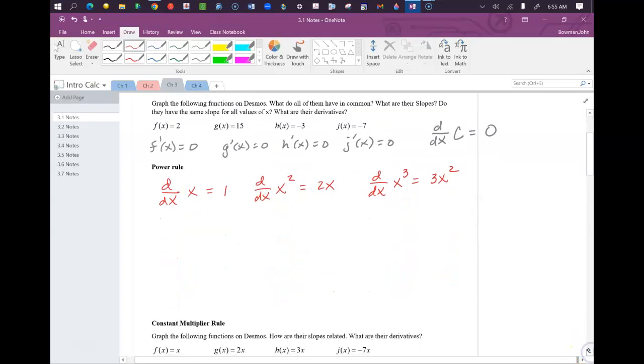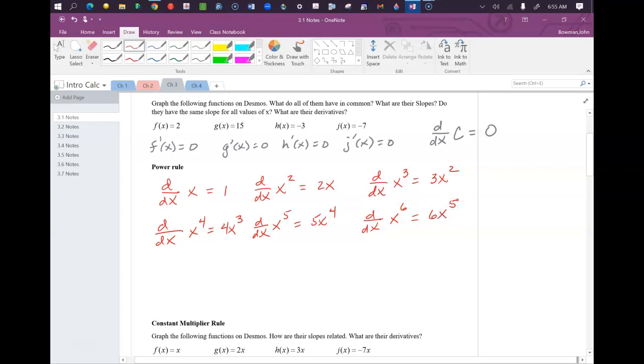And we're going to keep going with that. The derivative of x to the fourth is equal to 4x cubed. The derivative of x to the fifth is equal to 5x to the fourth. And we'll do one more. The derivative of x to the sixth is equal to 6x to the fifth.